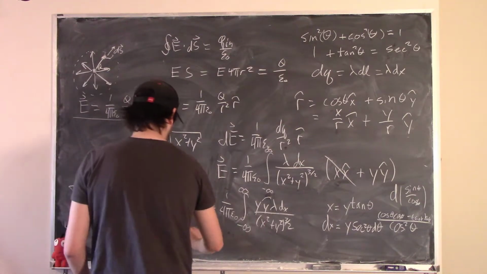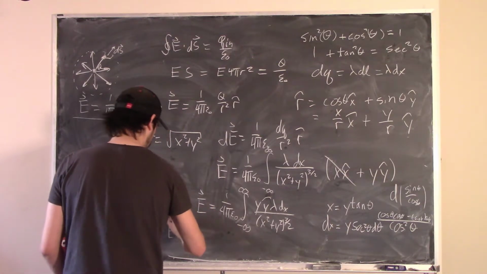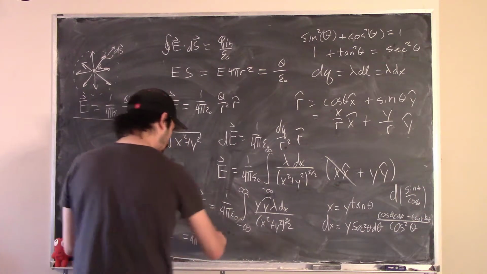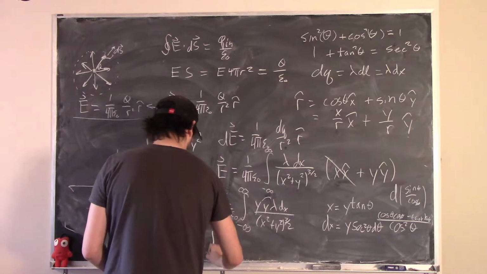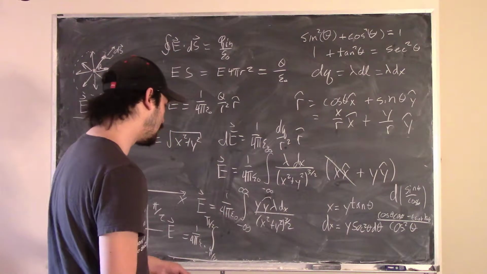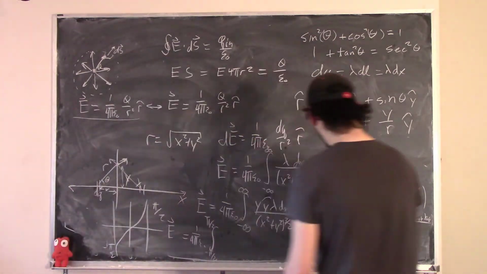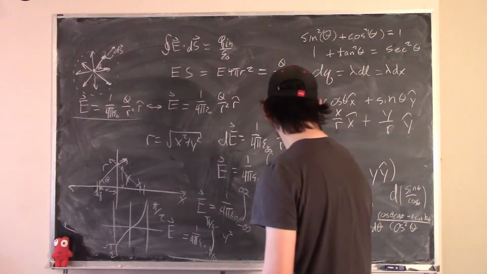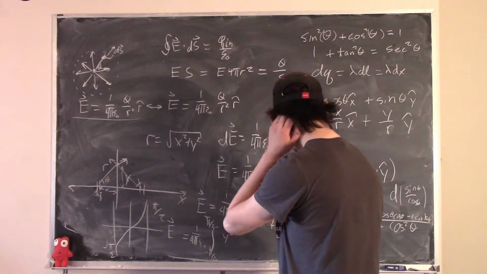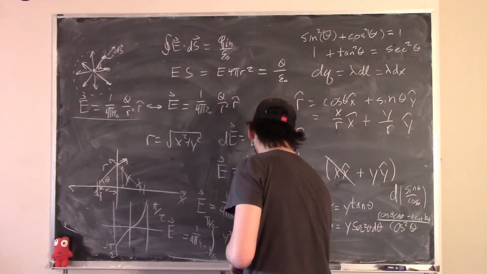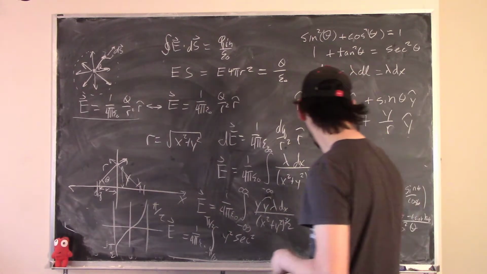So we can rewrite this integral here as E vector is equal to 1 over 4 pi epsilon naught times the integral from minus pi over 2 to pi over 2 times y squared times a secant squared of theta.